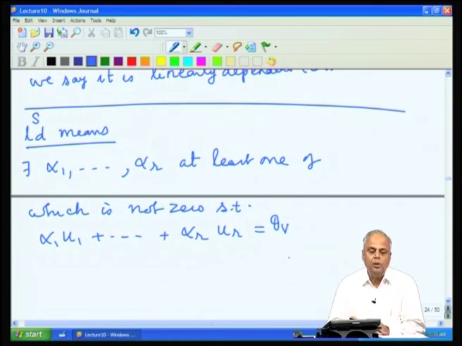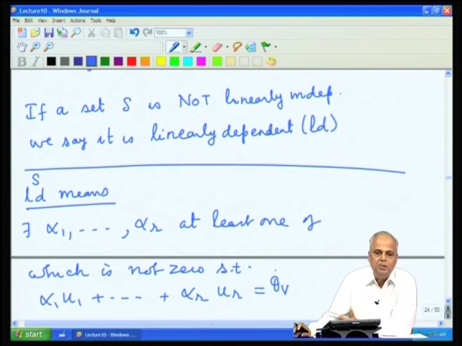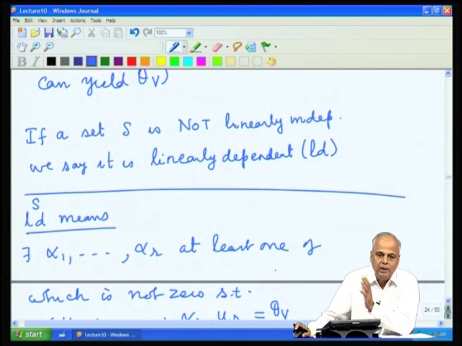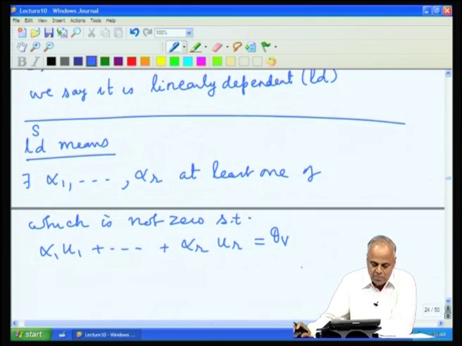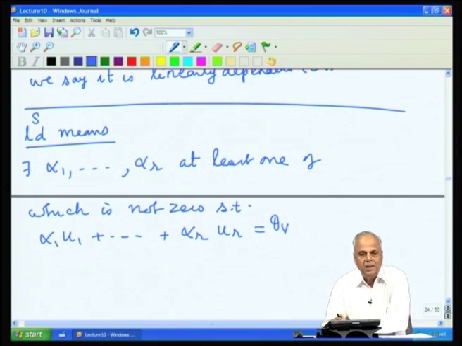Now, this notion of linearly independent is a very important notion, and linearly dependent is the negation of linear independence. Linear dependence means the vectors contain a lot of redundant information.